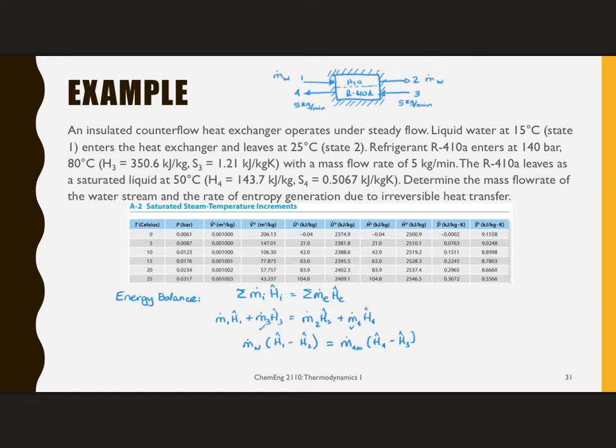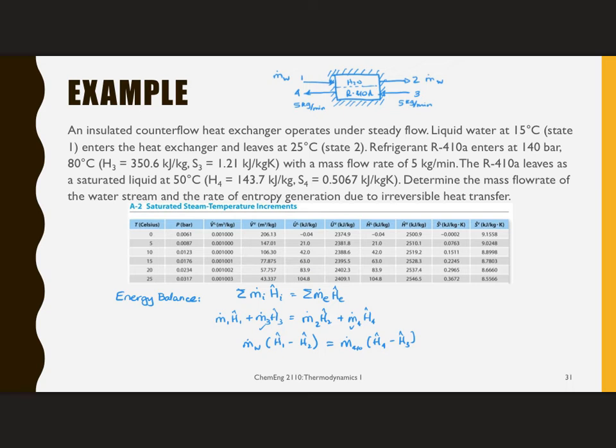Now, H3 and H4 were given in the problem statement. For states 1 and 2, I have a snippet of a data table here. This is liquid water at 15 degrees C. They don't tell me anything more about it, so remember that if I have the temperature, it really doesn't matter what the pressure is.